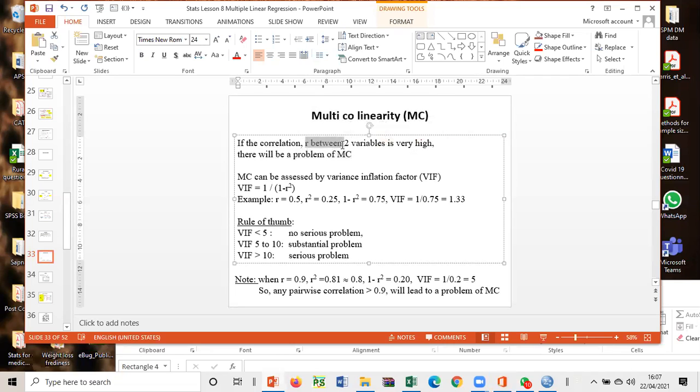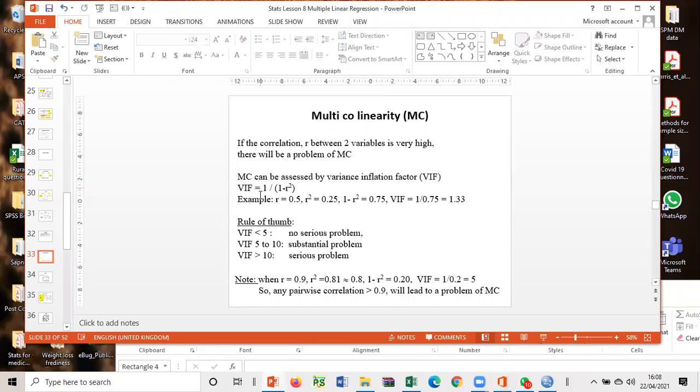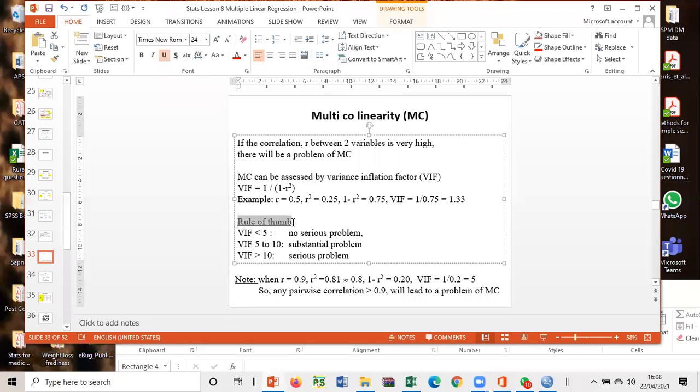How to recognize this, we'll show you in the session later. This can be assessed by a particular statistic. We call it VIF, variance inflation factor. Now, don't bother about how you derive it. Come to this: how do you make the judgment? If the VIF is less than 5, no serious problem, the assumption is not violated.